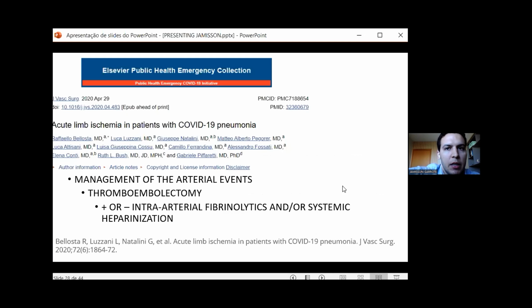There are different kinds of management of the arterial events, like performing thromboembolectomy with or without intraarterial fibrinolysis, and with or without systemic heparinization.